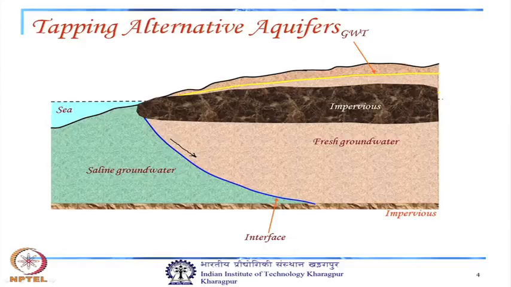That way we can control the seawater intrusion. Basically, we are reducing the demand from this particular aquifer and transferring that extraction to a different aquifer.